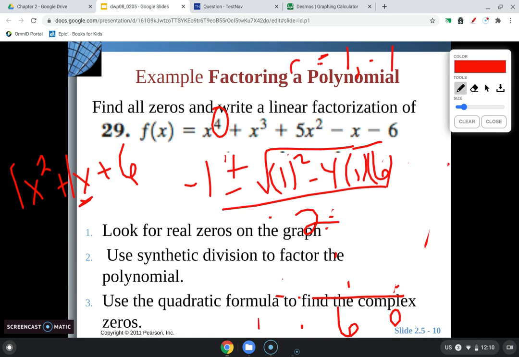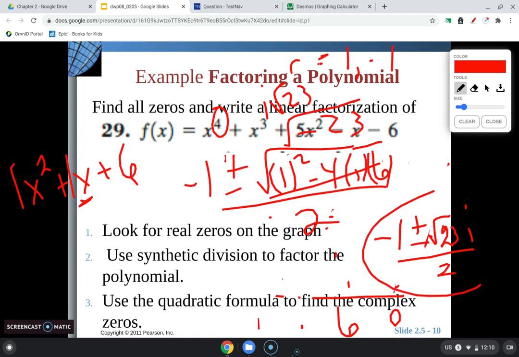Well, that gives me -23 in there. So the square root of -23 would be i root 23. So my zeros then are -1 plus and minus root 23 i over 2. There are my 2 complex zeros, and 1 and -1 are my 2 real zeros.